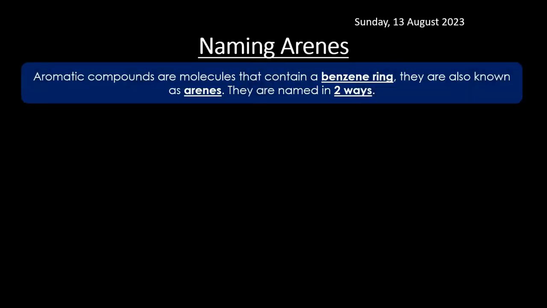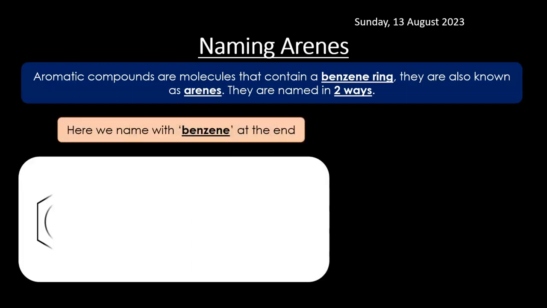Now, naming arenes is a fairly complicated issue, so I'll only deal with it fairly simply. We can regard benzene, if you like, as the parent compound, and so we can see groups substituted onto that. The prefix in the molecule would be bromo or chloro or nitro, and the suffix would be the hydrocarbon benzene.